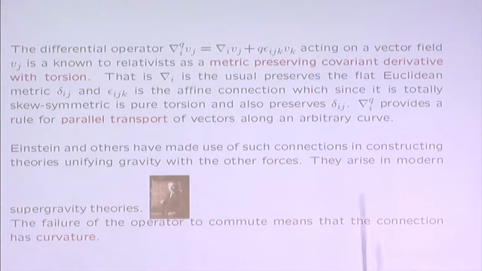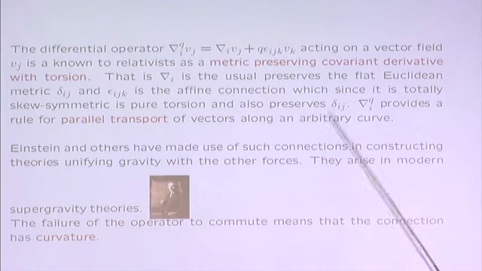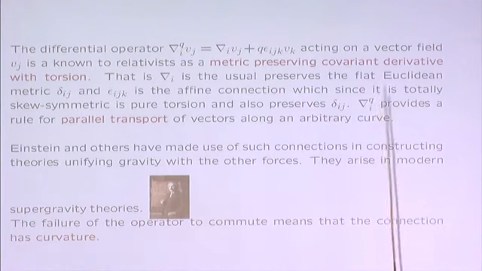Just a few remarks here. This does actually bring us to general relativity. This is an old story and not my own. This derivative acting on a vector field is known to relativists as a metric preserving covariant derivative, which has torsion. This is the usual flat connection or derivative, so you can parallelly transport vectors with it by assuming that the derivative acting on a vector is 0.